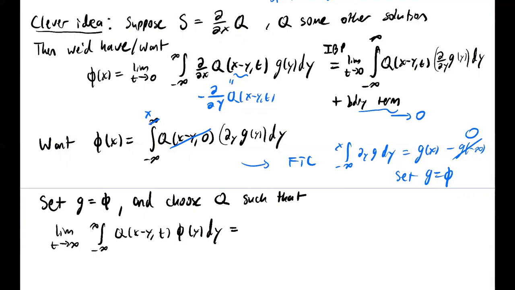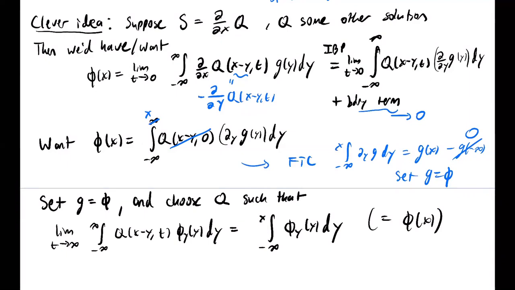Oh, sorry, it should be phi of y. I want this to equal, when t is equal to 0, the integral from minus infinity to x of phi of y dy, because then this is equal to just phi of x. And that's what we want for the initial condition.